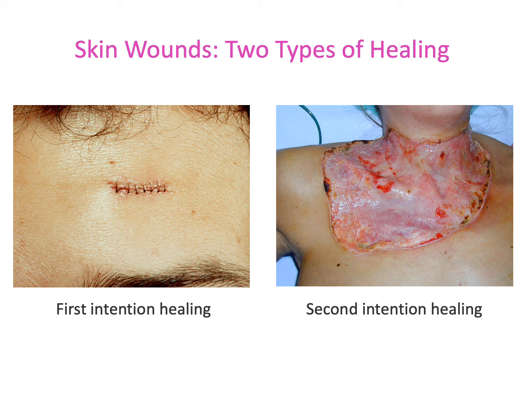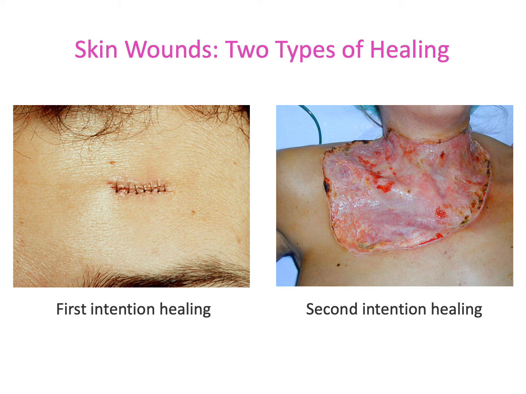So two types of healing. This is just in skin wounds: first intention and second intention healing. First intention healing is in little wounds where you can pull the edges together, like a paper cut or a sutured incision that's pretty small.